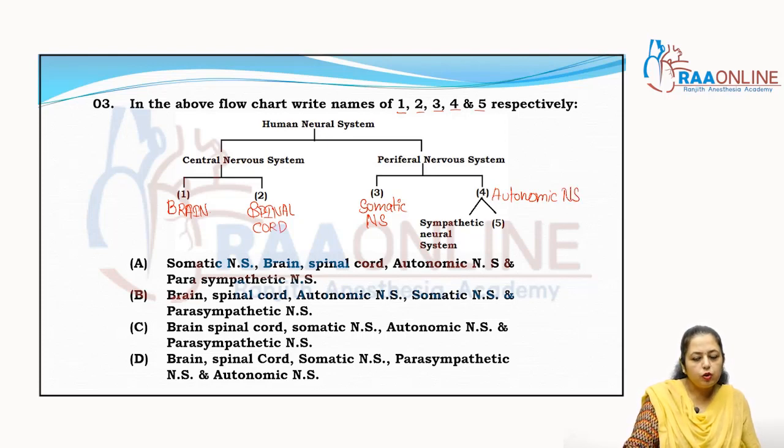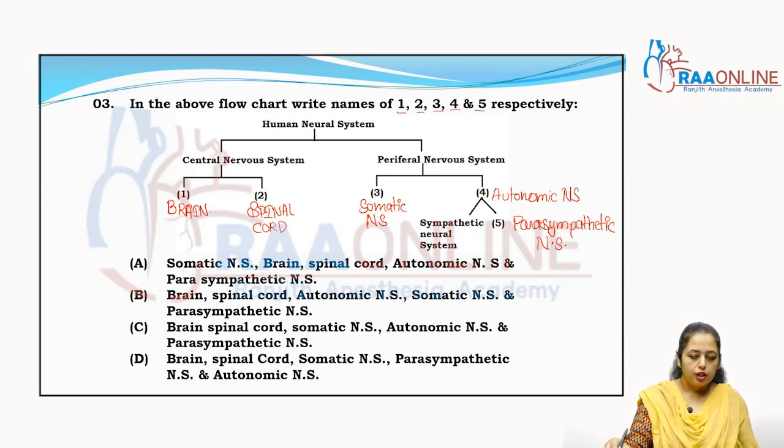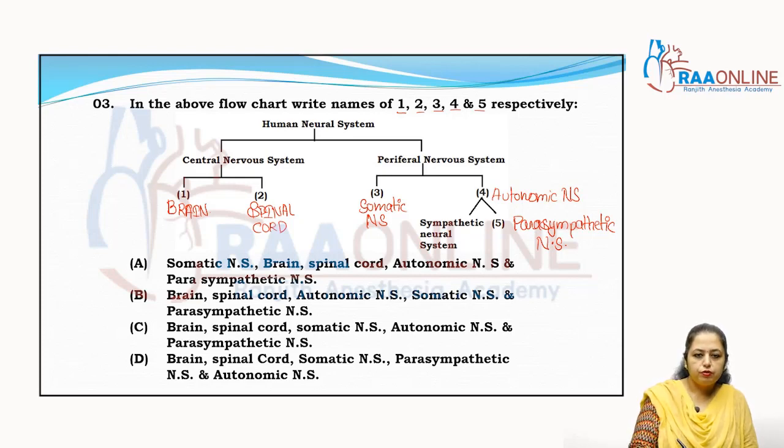And now that autonomic nervous system is divided into two, that is the sympathetic and the parasympathetic nervous system. Clear?